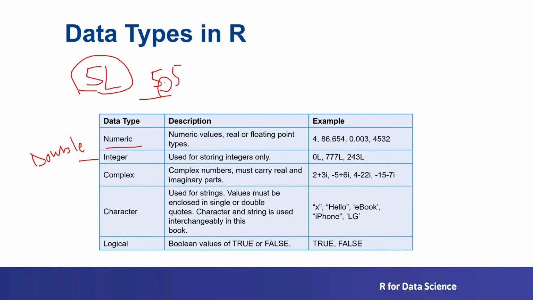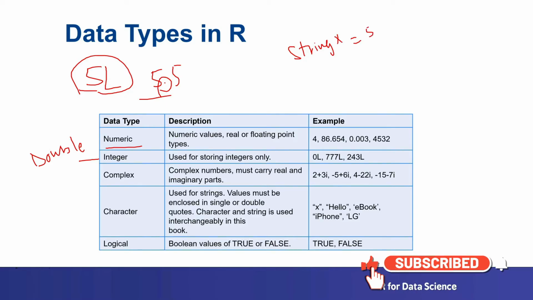Now, in most programming languages, or some programming languages, when you declare a variable, you declare the type also. Java, I think, is like this. So you say something like string x equal 5.